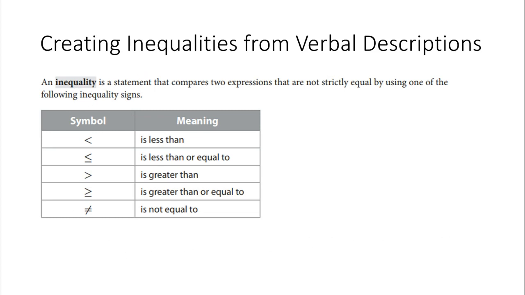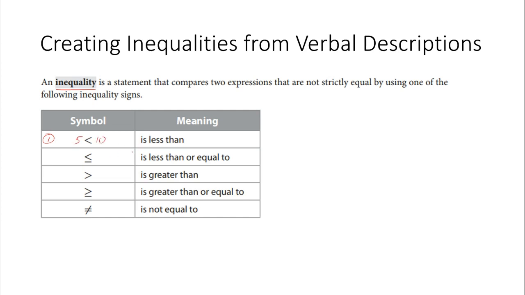Creating inequalities from verbal description. An inequality is a statement that compares two expressions that are not strictly equal by using one of the following inequality signals. The first one is less than. So, for example, 5 is less than 10.